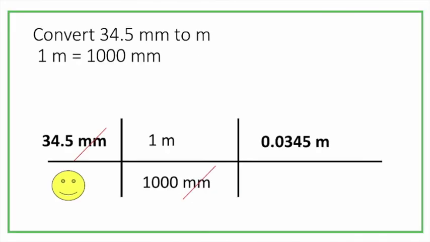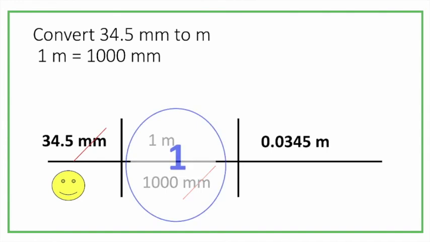So what we're basically doing here is we are multiplying the thing that we want to convert by 1. So this is how we just did it in the equation. The numbers and the units have changed, however, the actual length has not changed.